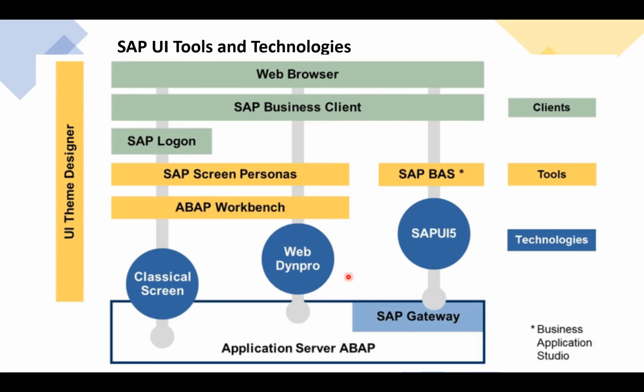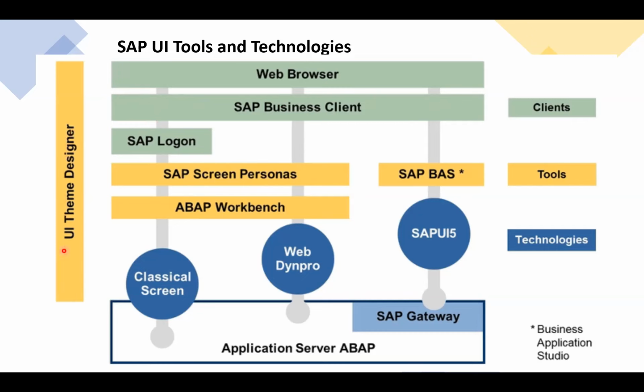Okay, and the final one we have here is the UI Theme Designer. We have UI Theme Designer available across all the products. We can design our themes, like what the color of a button would be if there is a button on the screen, or what the logo of the organization is and where the logo needs to be placed.